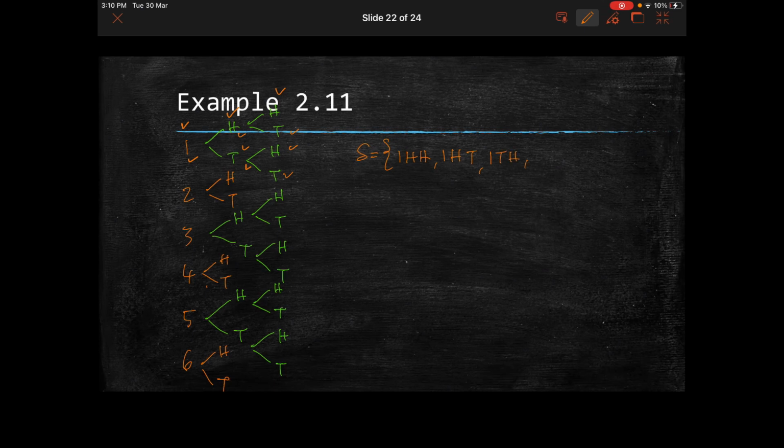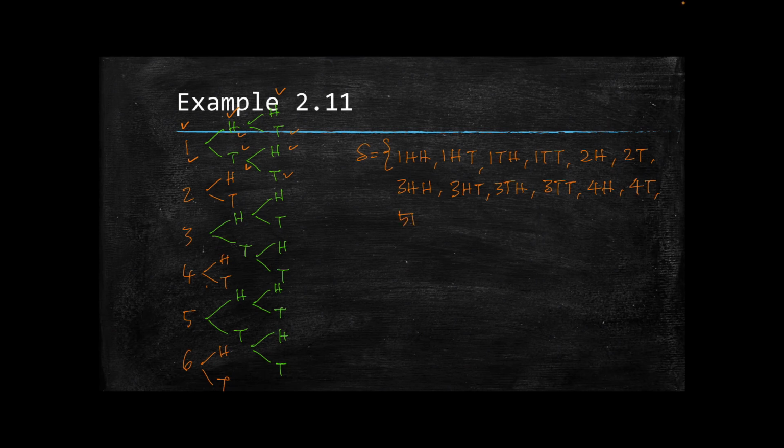Then you have 2H, 2T. That's 18 elements of the sample space.